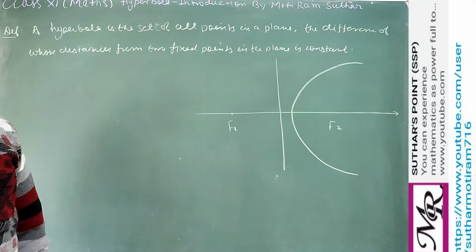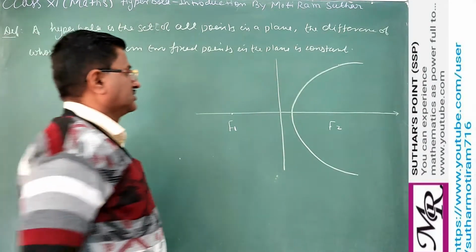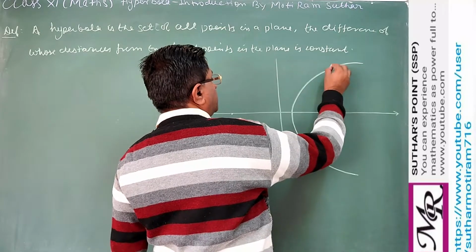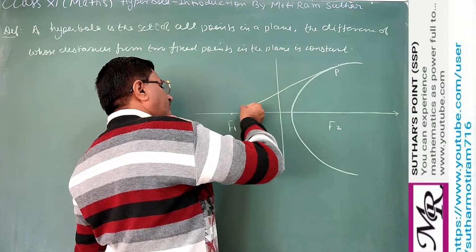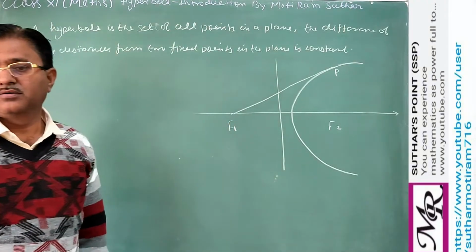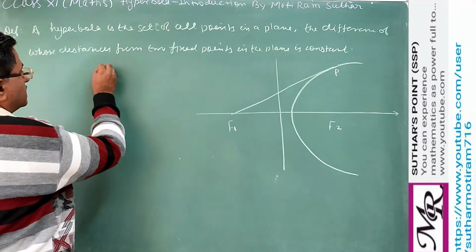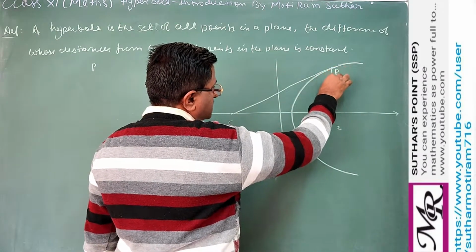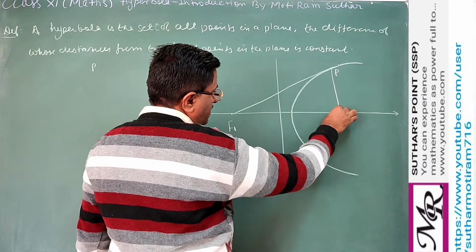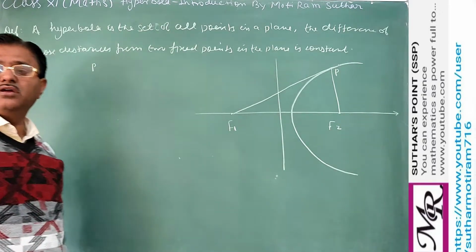Any point on the boundary of this, suppose this is P, its distance from the further point minus its distance from the nearest point is fixed.